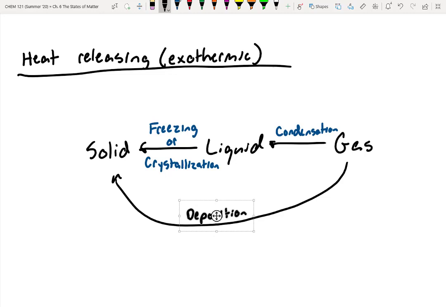And you do that by heating up a metal, get it to the gas phase, and get it to deposit on some sort of solid surface. This is often referred to as condensation. So condensation can be a process through which a gas goes to a liquid or a gas goes to a solid.